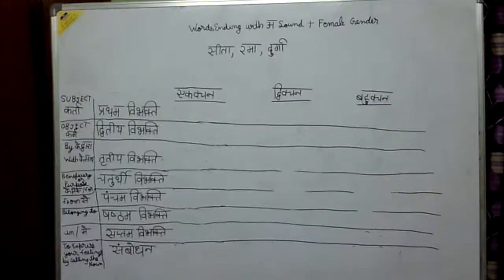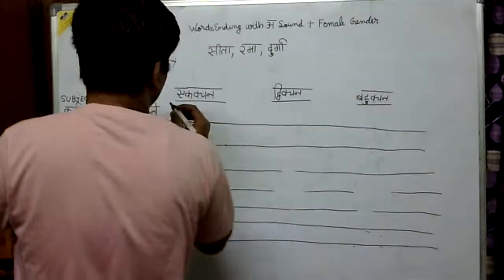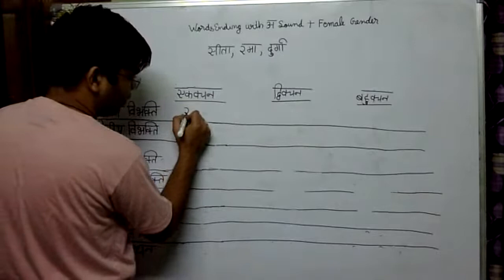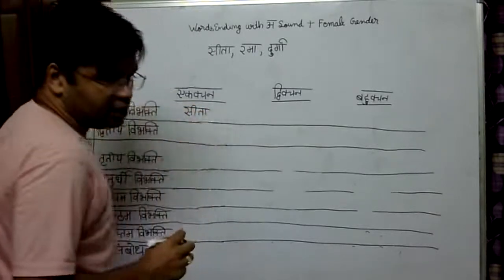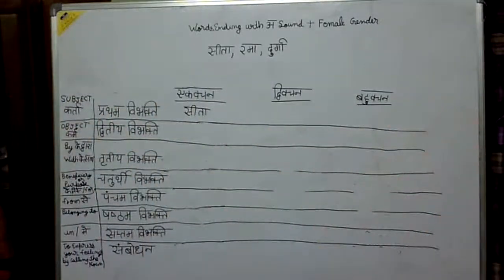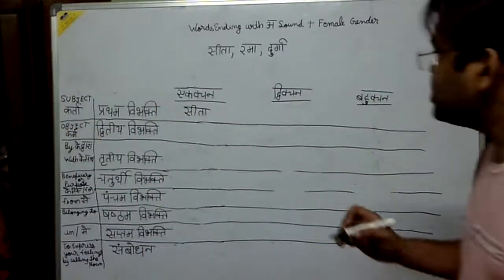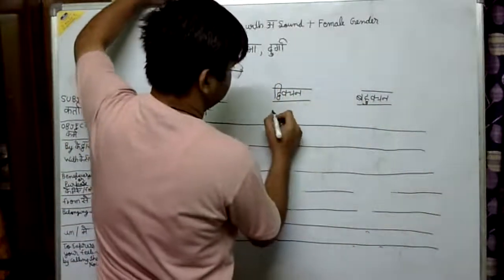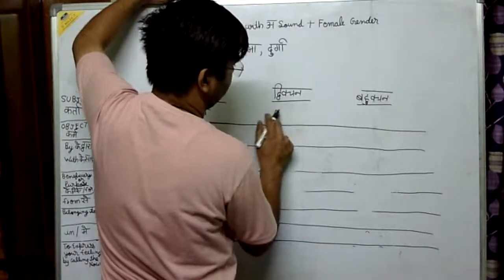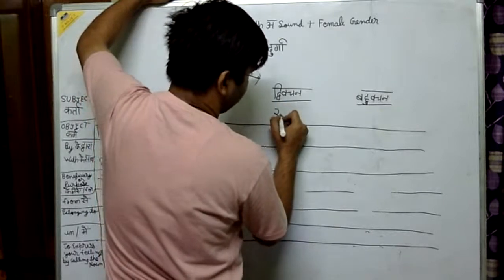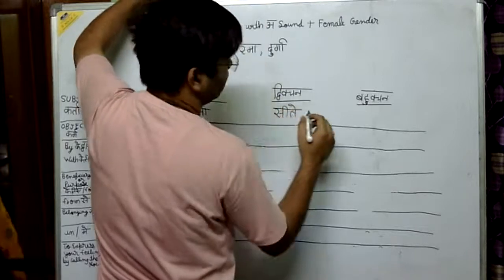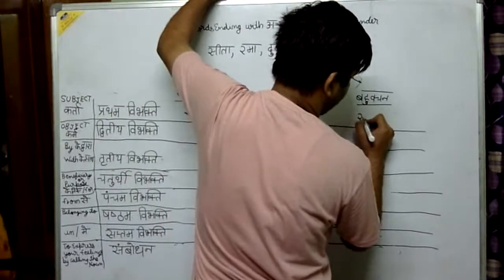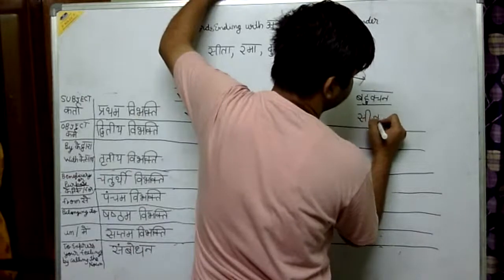So, the Prathama Vibhakti would be Sita, Site, Sitah.